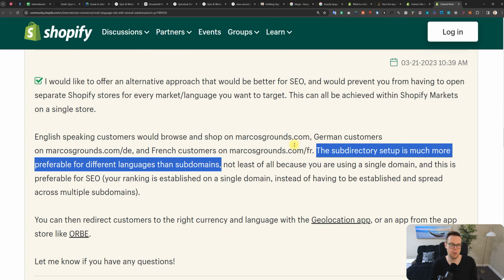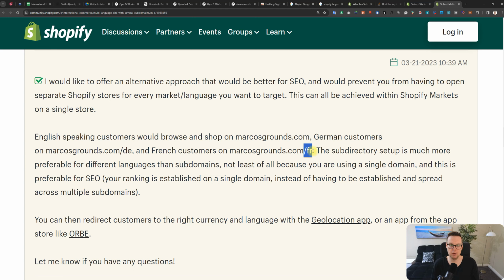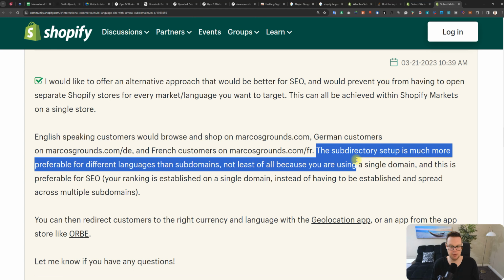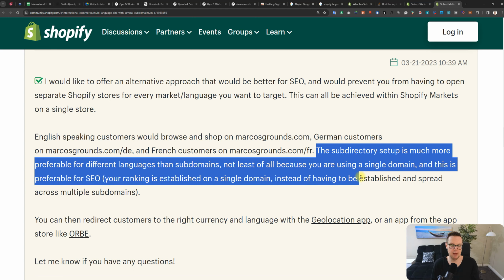So I wanted to show here what the official documentation or official person from Shopify says about it. They recommend a subdirectory approach where you would have a folder /fr for France, for example, because they're saying your domain juice or backlink power can then be distributed to those subfolders. Whereas if you start with a subdomain or you create a completely different domain for that country, then you start essentially completely from scratch. And that's true.